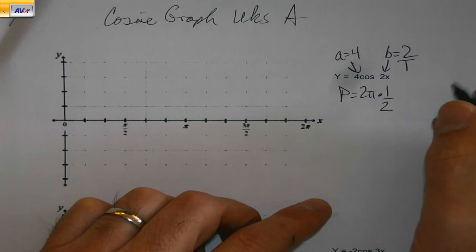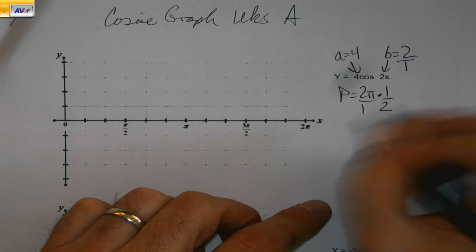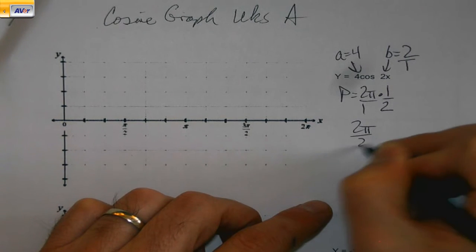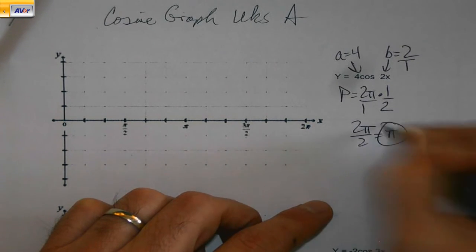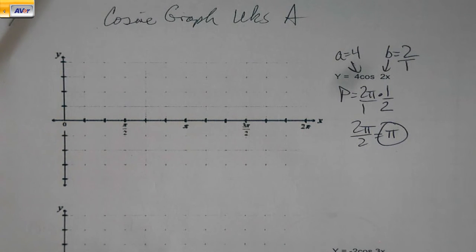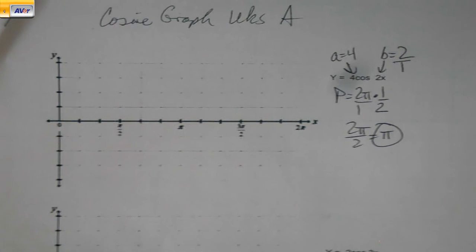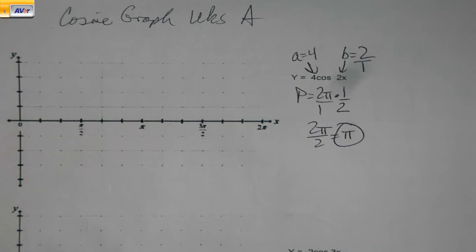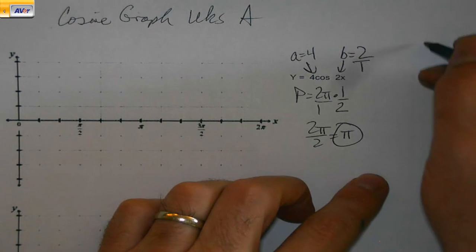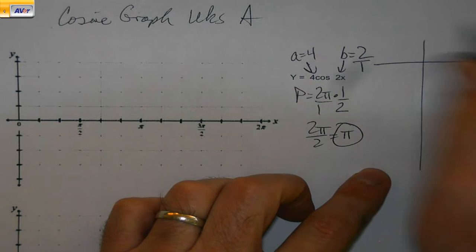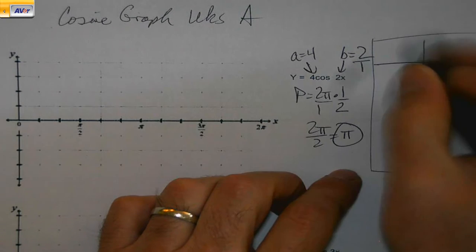We multiply by the inverse. Okay, we just flip it. And I know my period. Okay, so I know that last value in my chart has got to be pi. Otherwise, something didn't go well.